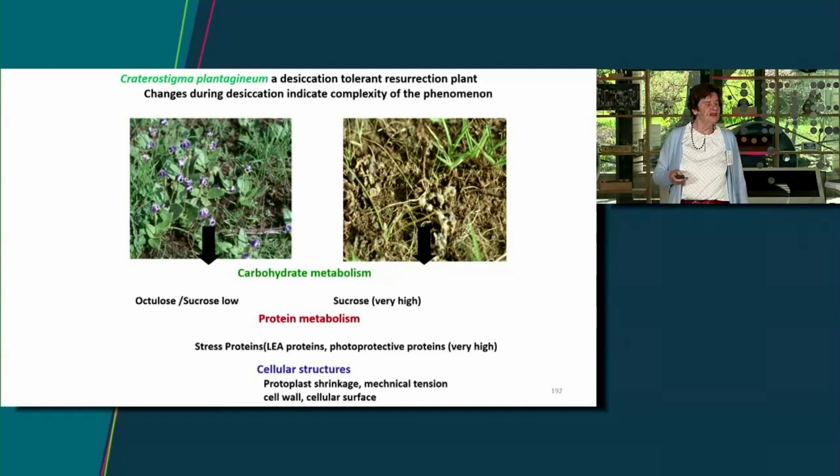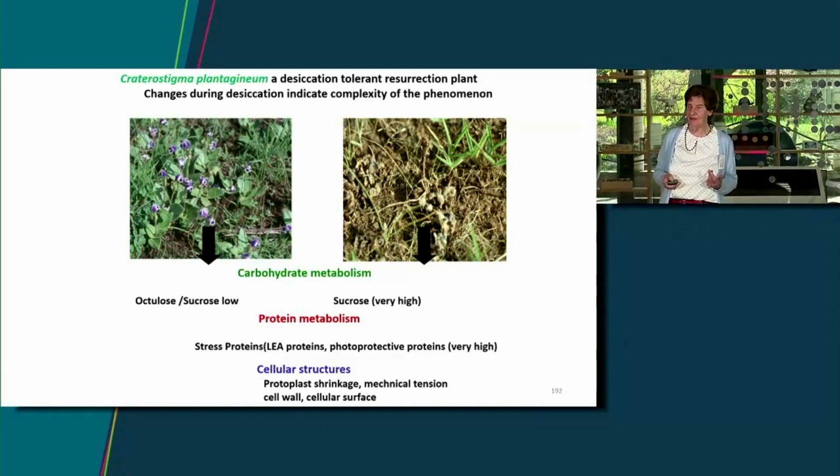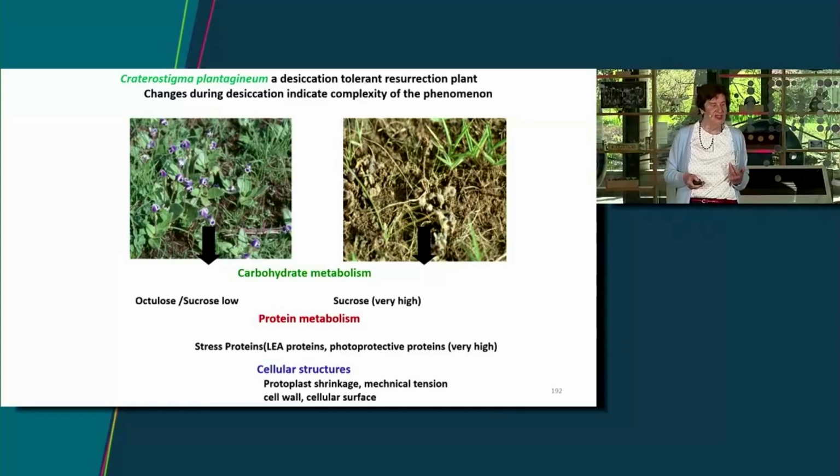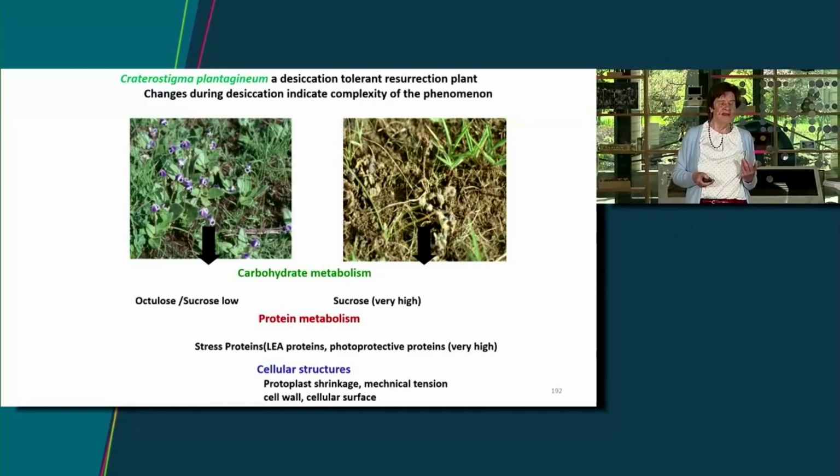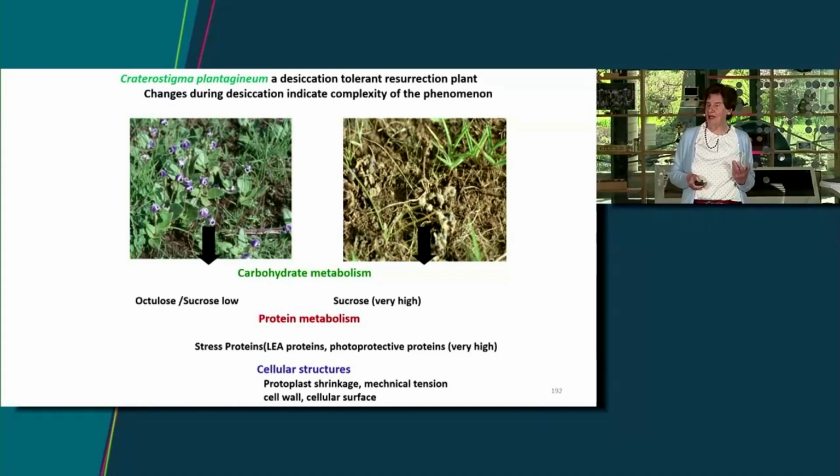So what did we find? What happens roughly during the process of desiccation, dehydration? So we find major changes in the carbohydrate metabolism. And interestingly, and I will not come back to that, we found a really high accumulation of the uncommon sugar octulose, which is a C8 sugar, in the fully hydrated plant.